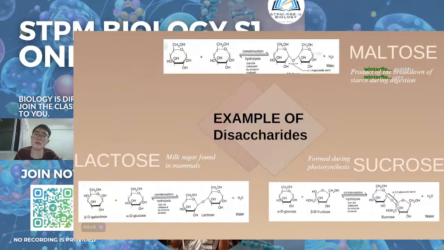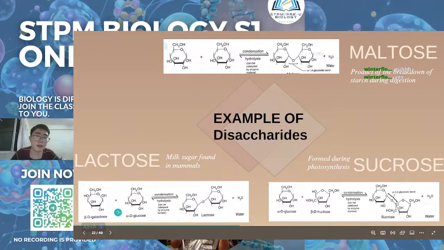Okay, next, these are the examples. Maltose I already explained. Lactose is also the same. For lactose, the monomers are galactose and glucose. So if you see here, glucose and galactose will form lactose, right? Same, 1, 2, 3, 4.